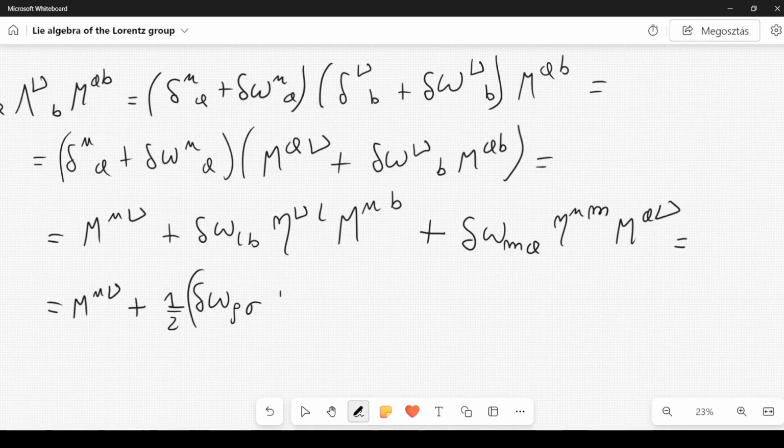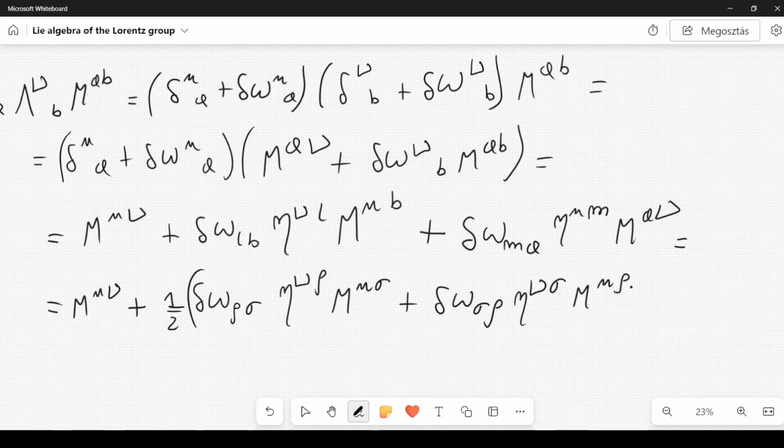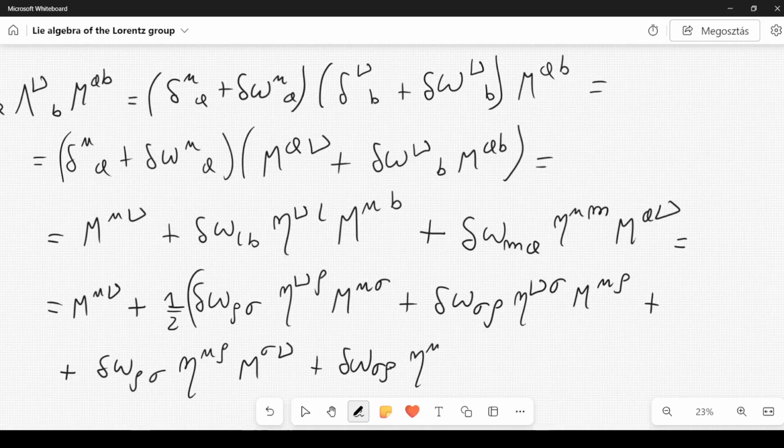Then we have eta nu rho M mu sigma plus delta omega sigma rho eta nu sigma M mu rho plus delta omega rho sigma eta mu rho M sigma nu plus delta omega sigma rho eta mu sigma M rho nu.